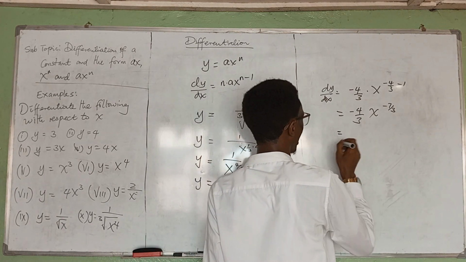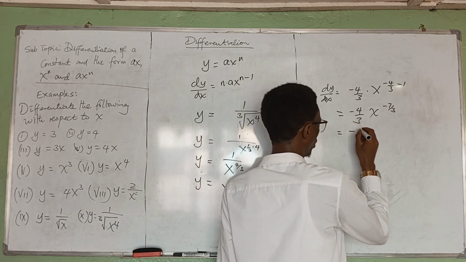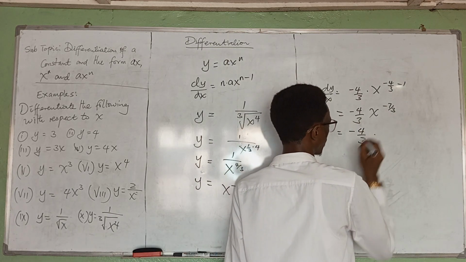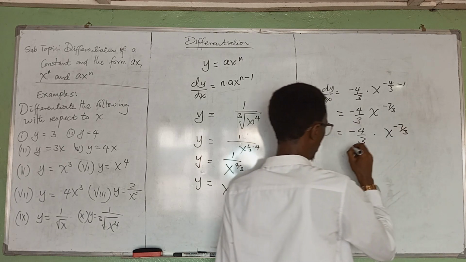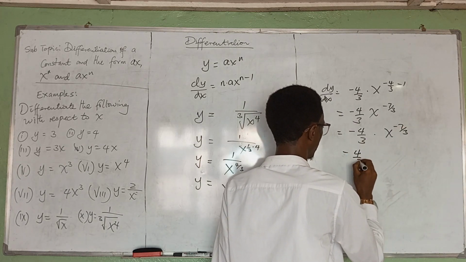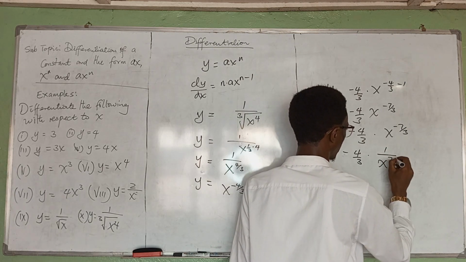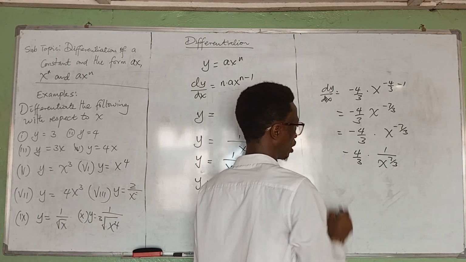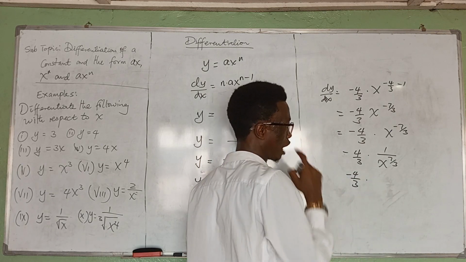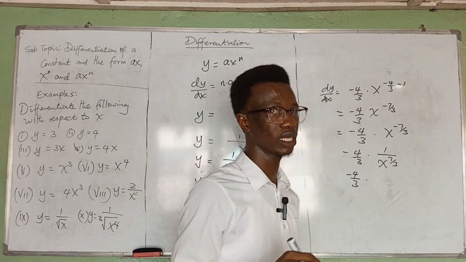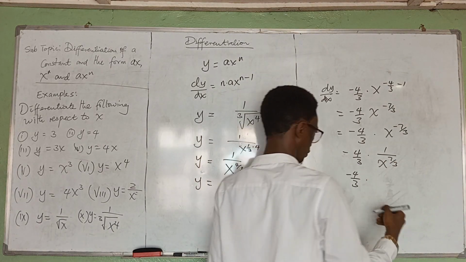Now the next thing you have to do here is to separate these two. Minus 4 over 3 multiplied by x raised to the power minus 7 over 3. Minus 4 over 3 multiplied by 1 upon x raised to the power 7 over 3. Again, this might become minus 4 over 3 multiplied by, now we have to take it back to that form. So this is like a cube root.